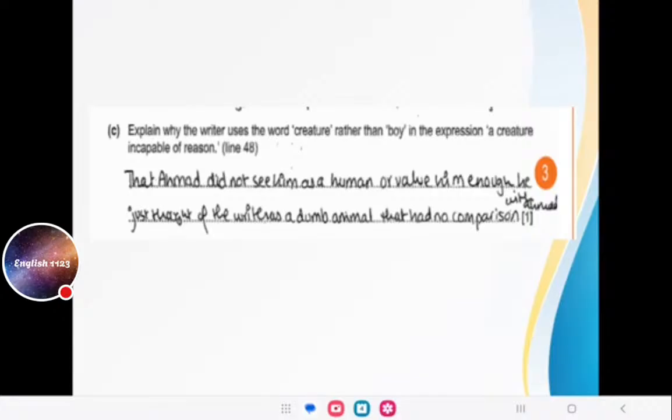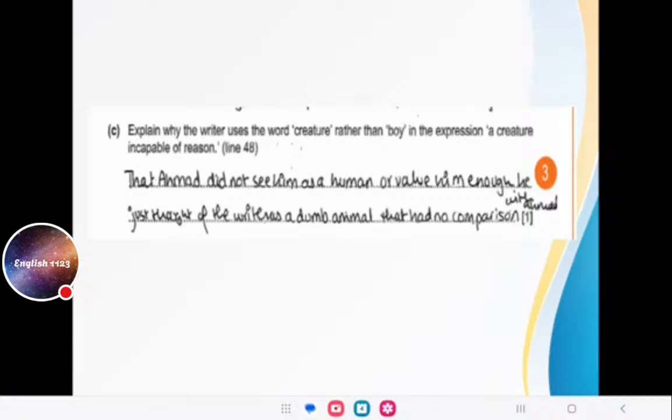Ahmed did not see him as a human or value him enough. He just thought of the writer as a dumb animal that had no comparison with a human, or with a boy. That is the complete explanation, because that's why the writer is calling him creature.